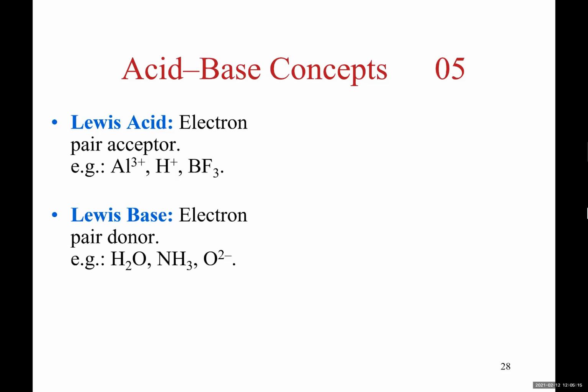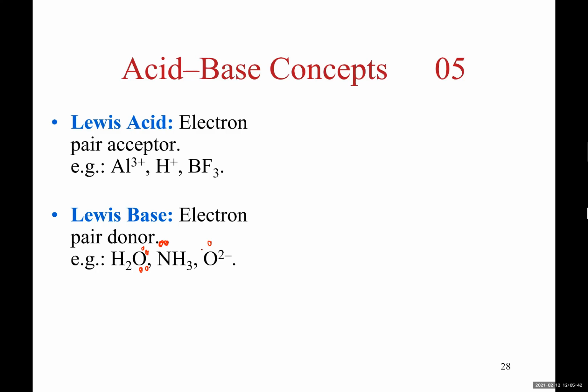In this concept, we define bases as donors of electron pair. Water is a base because it can donate an electron pair. Ammonia is a base because it can donate an electron pair. This is the structure of ammonia. It has one lone pair on nitrogen, which can donate. This is the structure of water, which has got two lone pairs to offer.